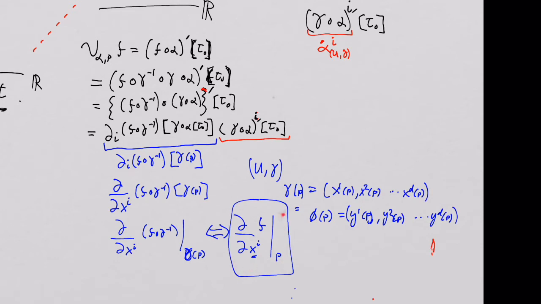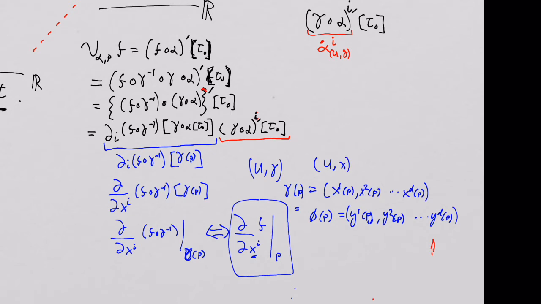So this object here now becomes the notation for this side, where I track the fact that it's associated with the chart gamma with these x's through this definition.